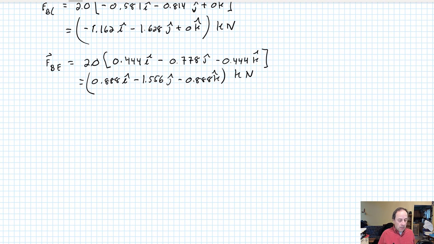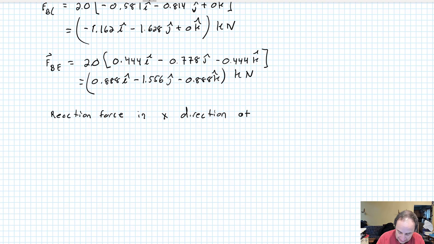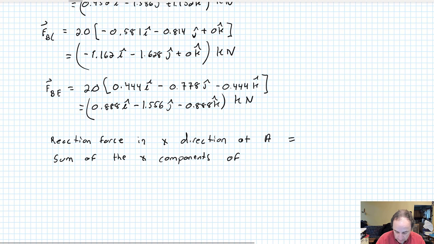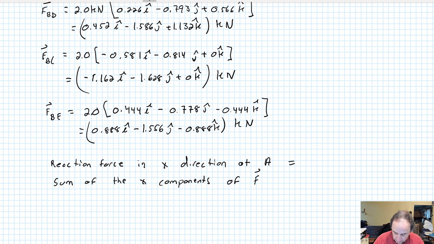Okay, so we were asked to find the reaction forces at X, Y, and Z. So the reaction force in the X direction at A equals the sum of the X components of F BD, F BC, and F BE.